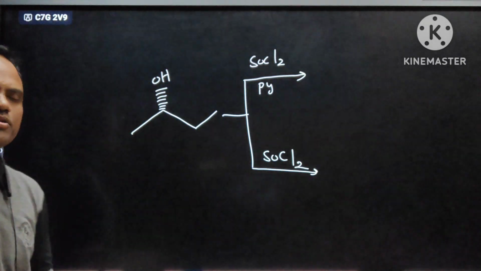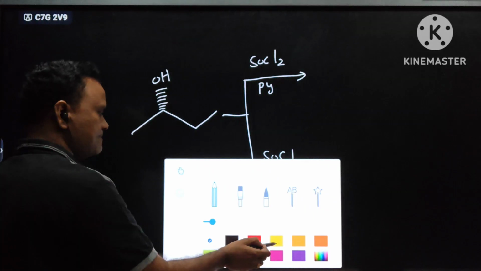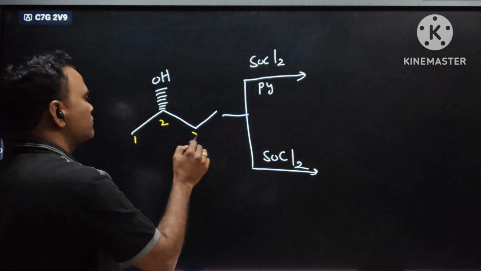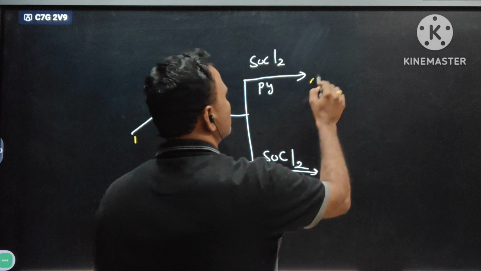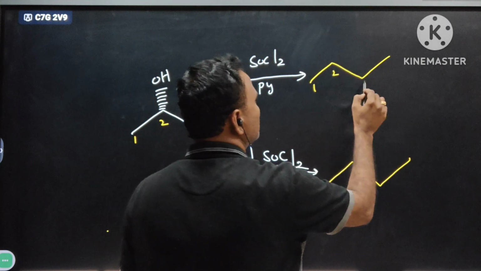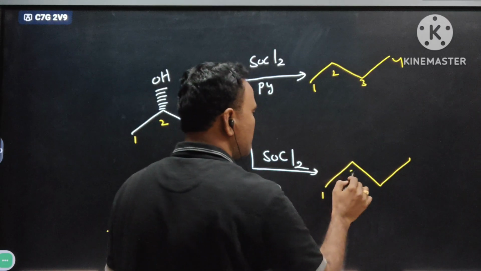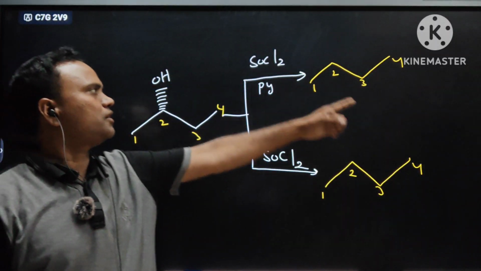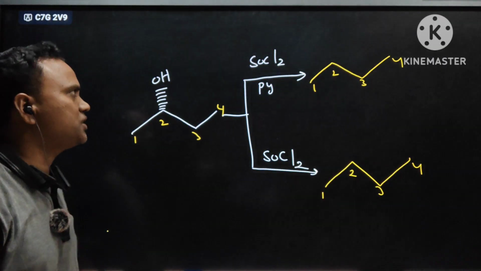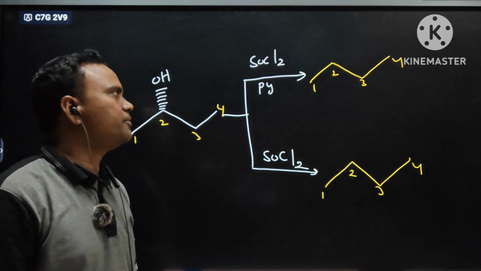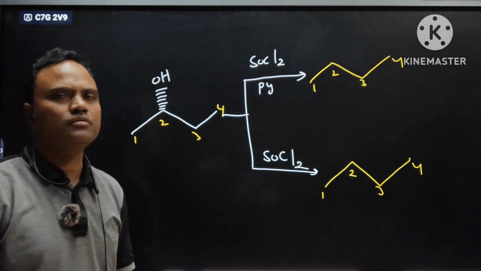Try this, write the products. I'm giving numbering 1, 2, 3, 4. You tell me in the product, at second carbon, what is the arrangement of Cl? Above the plane or below the plane? In the first, you tell me Cl will be represented with a dash line or thick line. Cl will be a dash line.